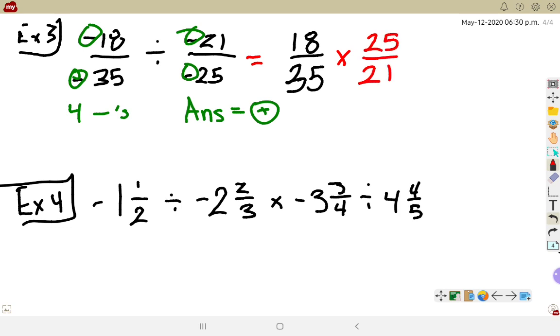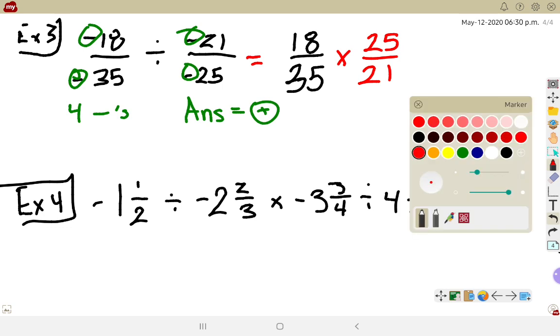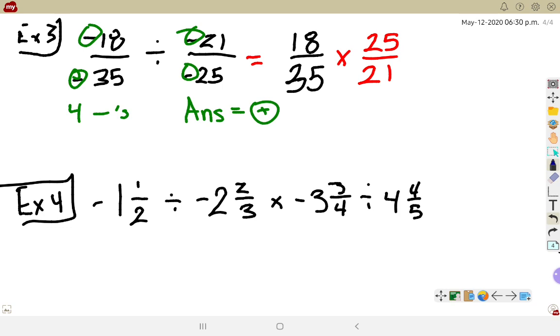So the second fraction flips upside down. Okay? Alright, let's look for our common factors. So 18 and 21 have a common factor of 3. 18 divided by 3 is 6. 21 divided by 3 is 7. And 35 and 25 have a common factor of 5. 35 divided by 5 is 7. 25 divided by 5 is 5.